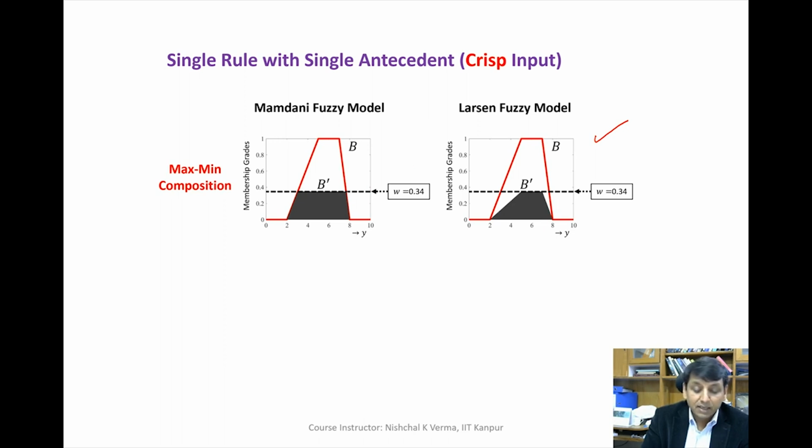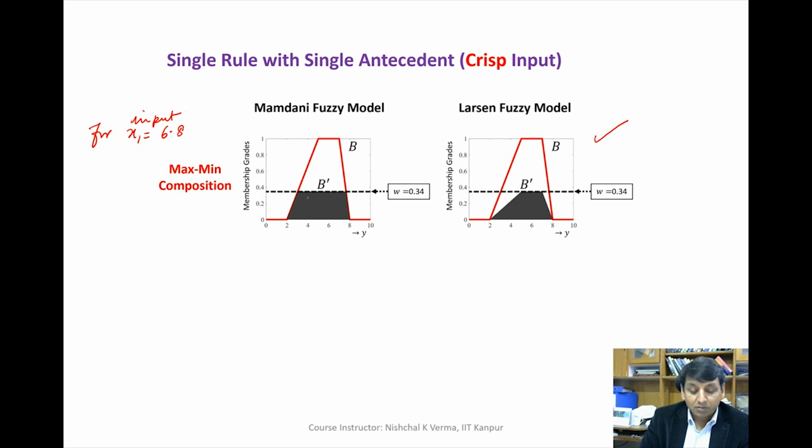We see that if we had used the Mamdani fuzzy model, the output will be like this. So here we have compared the outputs for x1 is equal to 6.8 as the input.